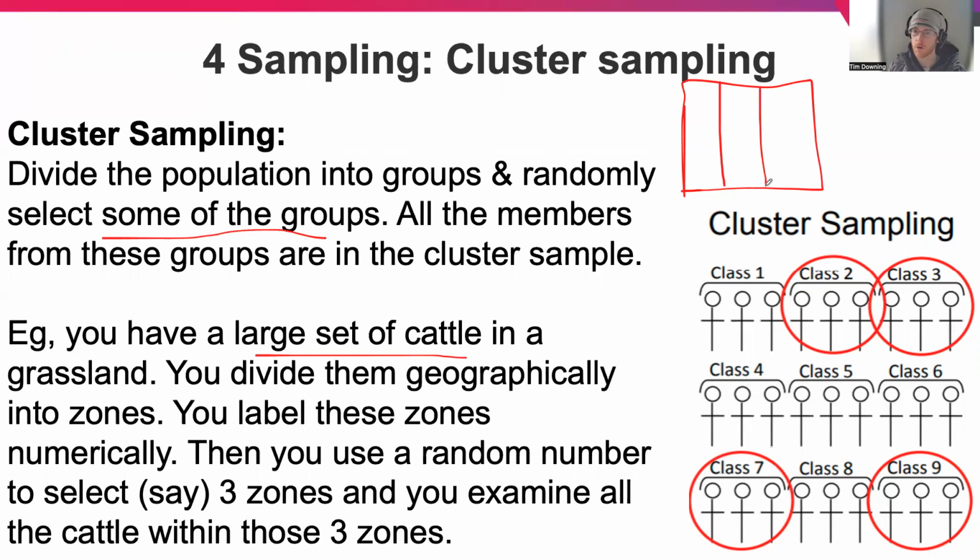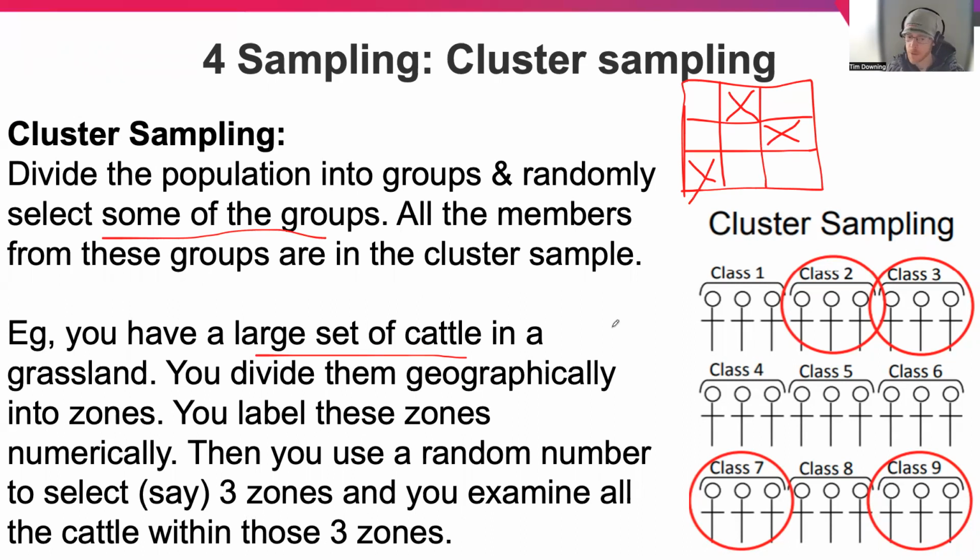We've got 9 zones here, and we're going to look at all of the cattle in a random subset of three zones. So let's say we get zone 2, zone 6, and zone 7. We're going to look at the cattle in those zones only. That's another type of sampling, and it gives us more depth about the features of the cattle within those zones.